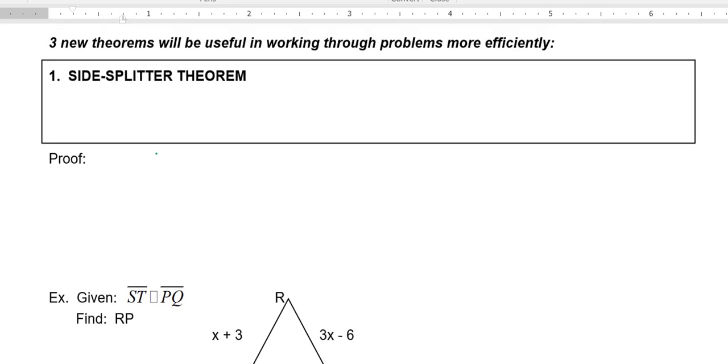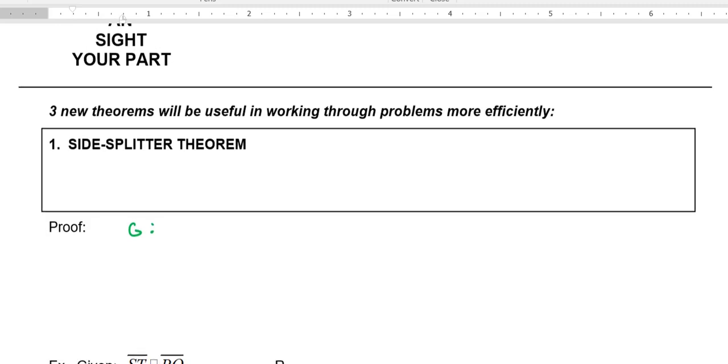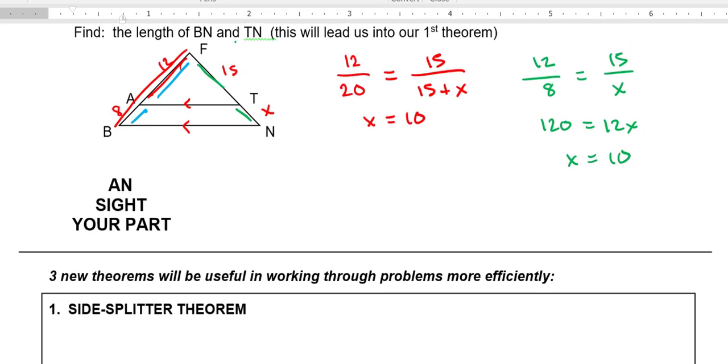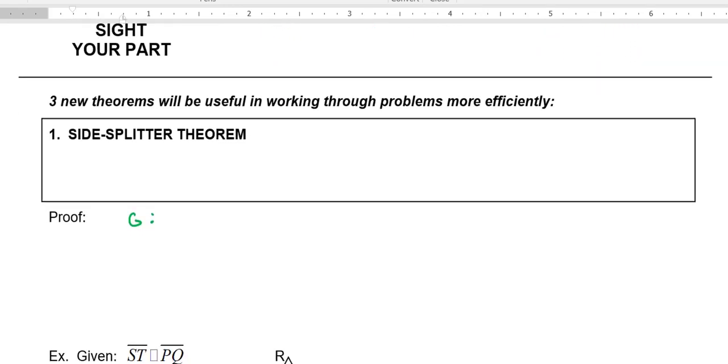So using the diagram above, you're given that the triangles are similar. I'm just using this diagram from up here. So I'm saying that triangle FAT is similar to triangle FBN.